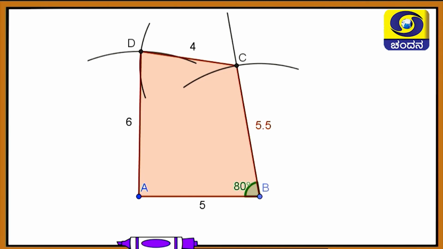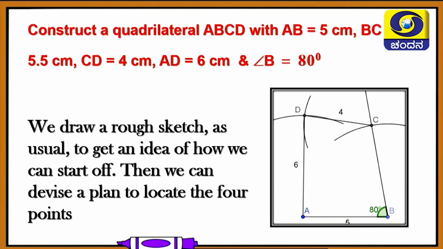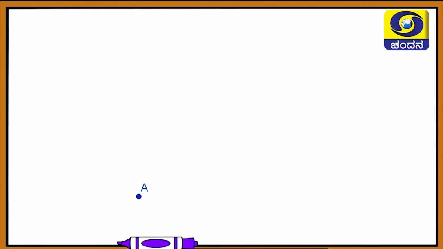And one more time, let us see this, children. Observe this video carefully. First I am making AB as base, it is 5 centimeter. At B I am taking an angle of 80 degree, drawing that line, and I know the length of BC, cutting that.